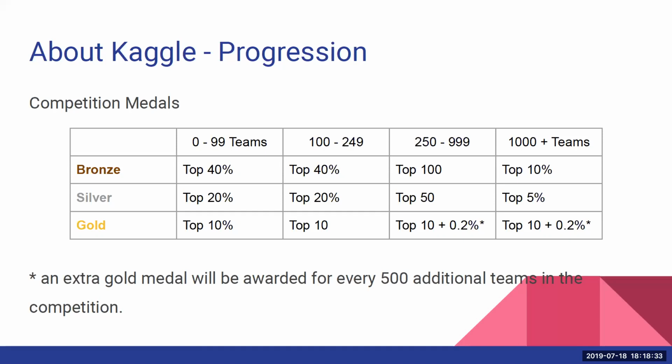Lately it's like 2,000, 3,000 easily, and I would say 3,000 people participating on average these days. So it means 10% is to get to the bronze, 5% is for the silver, and about the top 10 people plus one more for every 500 teams is for the gold medal.